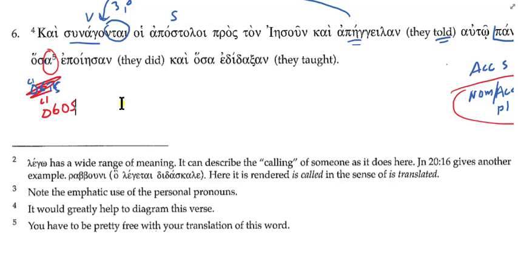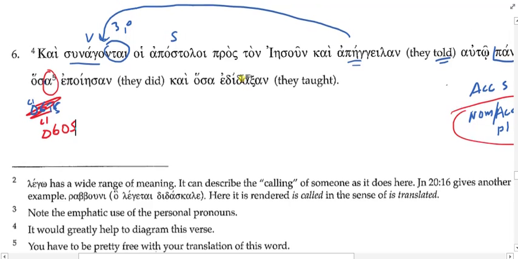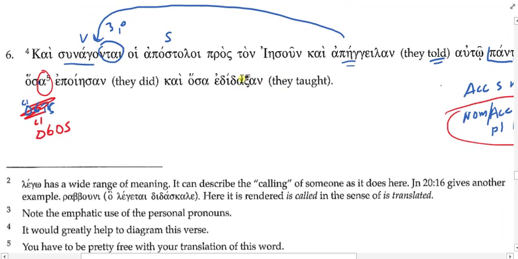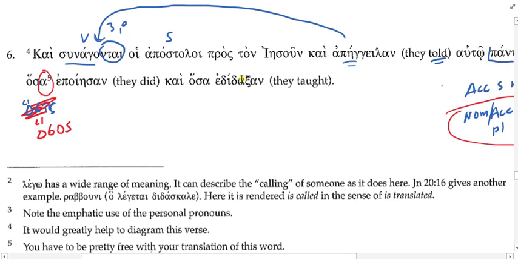So if you want to highlight the all, then you're just going to say all which, or that they did. All right. And then same thing, and all that they taught. So he's had to give you those translations there. Okay. Any other questions?